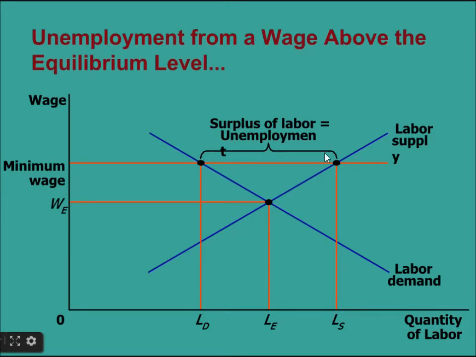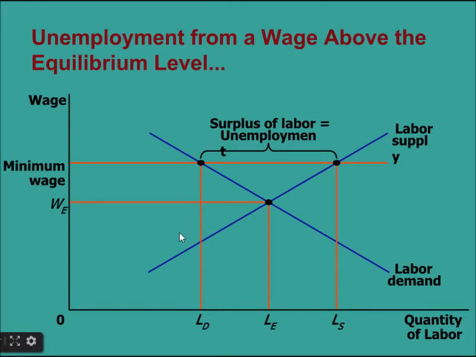So this surplus leads to unemployment, because the companies willing to pay the higher minimum wage are fewer, but the people willing to work for a higher minimum wage are more. So there is more labor but fewer jobs available at the higher minimum wage, which leads to unemployment.